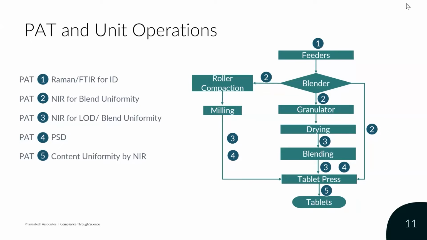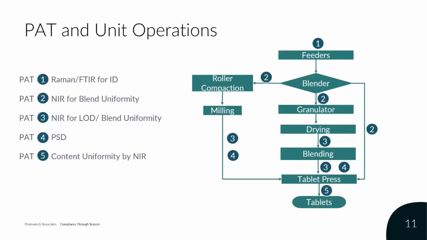In the case of direct compression, you would have raw materials going into a blender, and then those go directly to a tablet press where tablets are formed. Probably one of the most common PAT tools you're going to find are Raman or FTIR, which is used initially to confirm the identity of the raw materials.